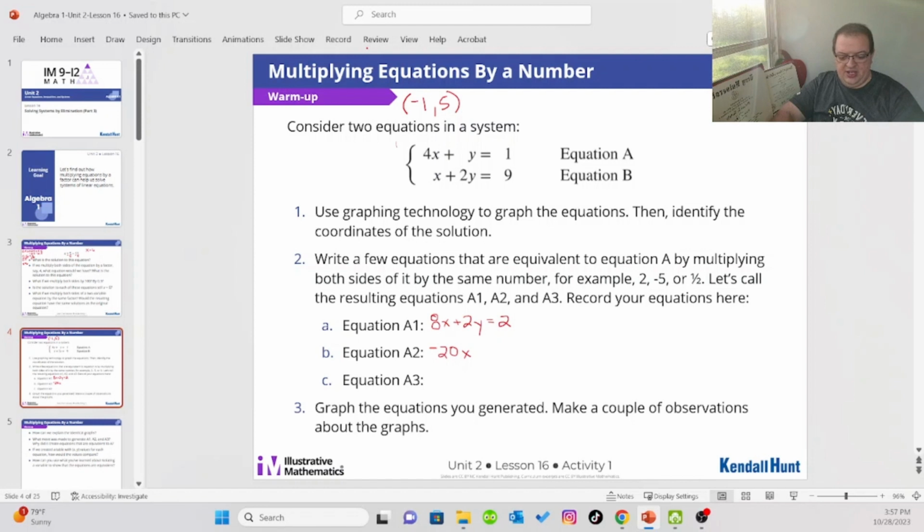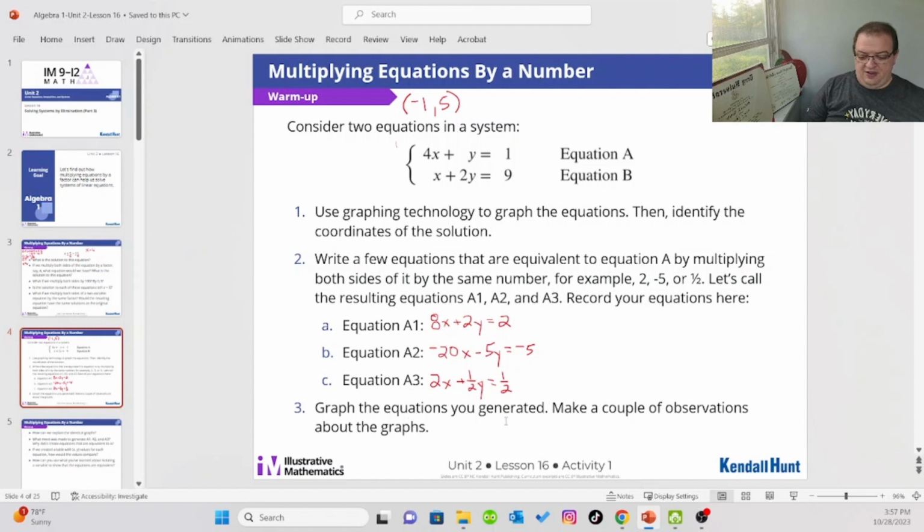Y times -5 is -5y. And 1 times -5 is -5. And finally, we're going to multiply everything by 1/2. 4x times 1/2 is 2x. Y times 1/2 is 1/2 y. And 1 times 1/2 is 1/2.